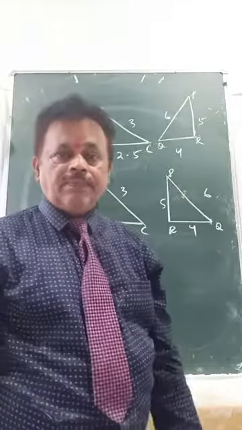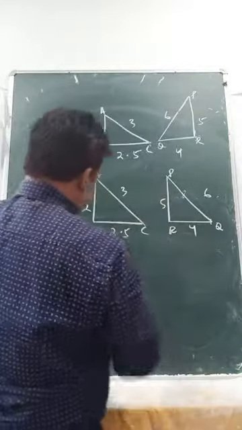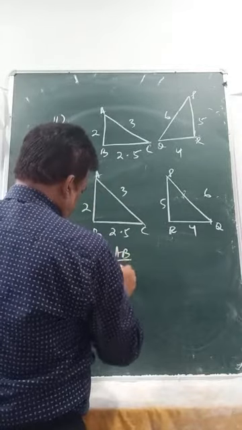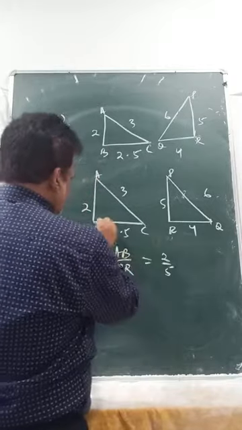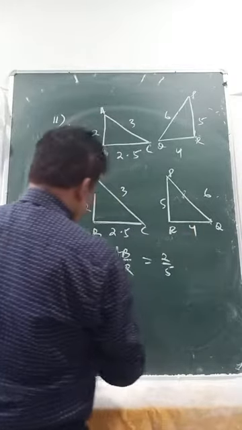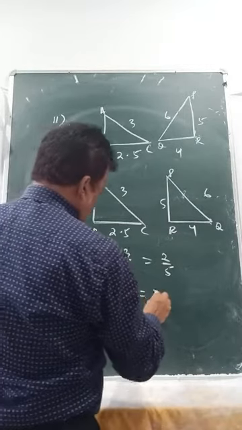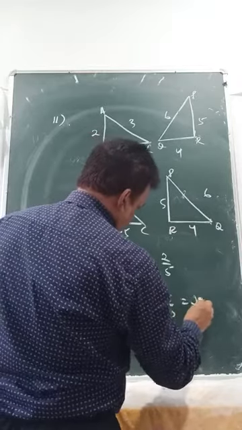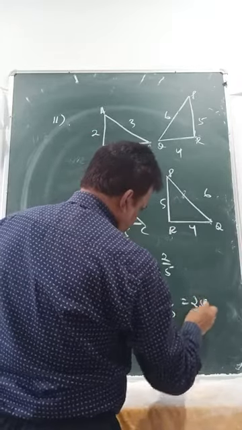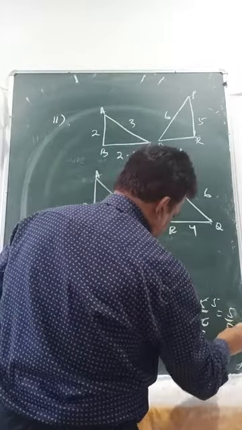Now you say there, what is AB by PR? 2 by 5. What is BC by RQ? 2.5 by 4.0, 25 by 40, which is 5 by 8.